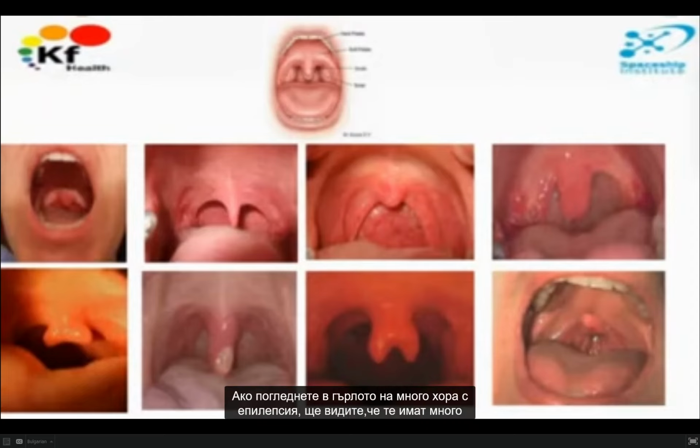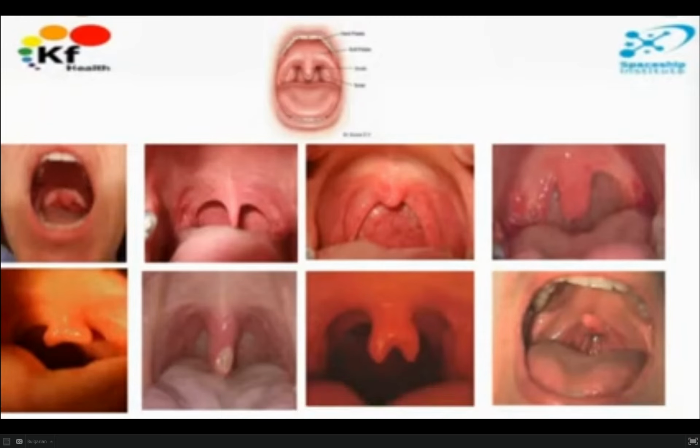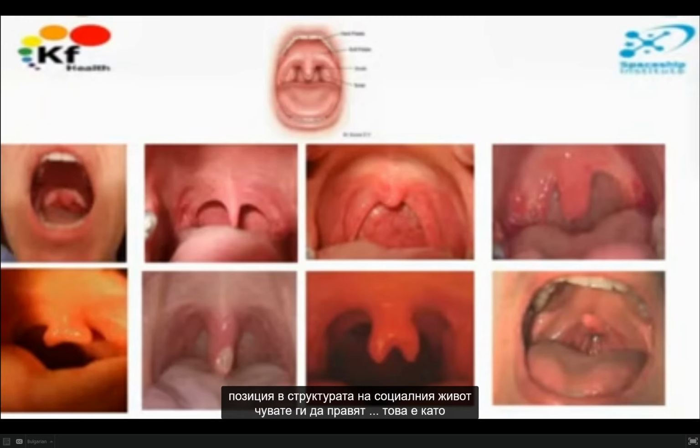If you look in the throat of a lot of people with epilepsy, you'll find they have a very, very long uvula. In people who have uncertainty and are trying to find their position in social life, you hear them go like this, like a clicking. It's just waking up. Where am I? What's my position? How do I feel? I don't feel comfortable.